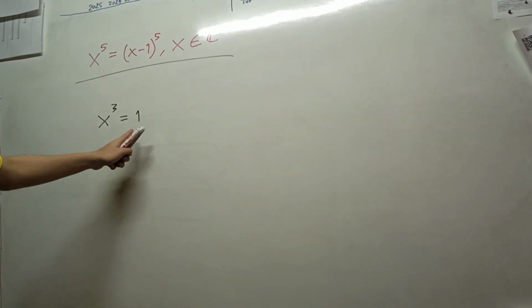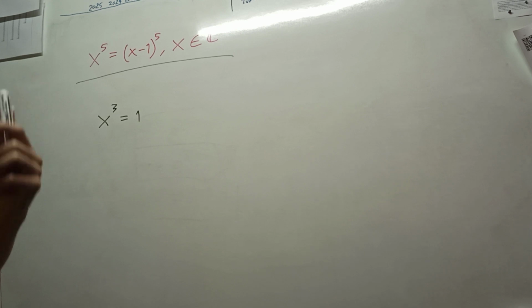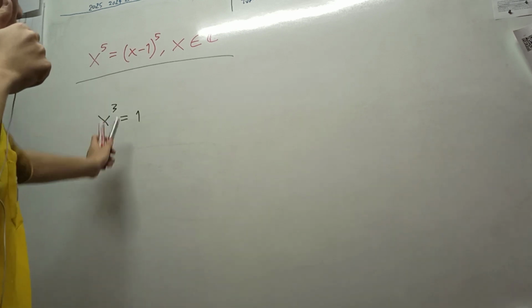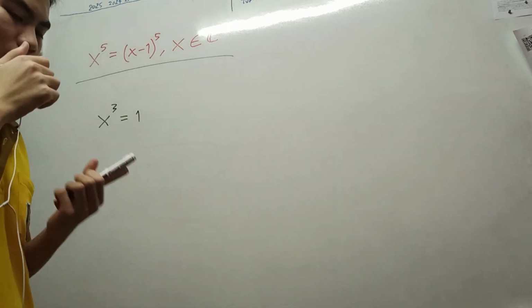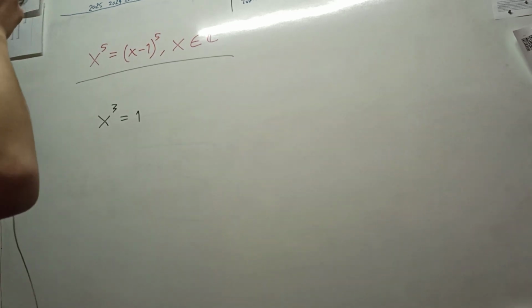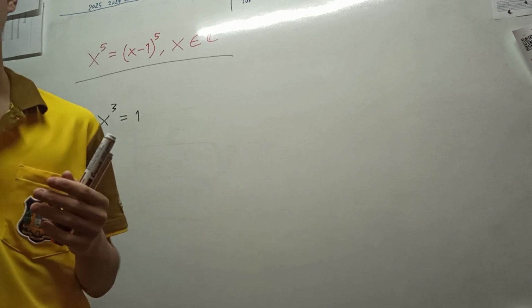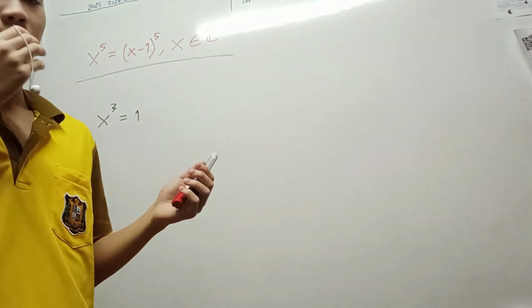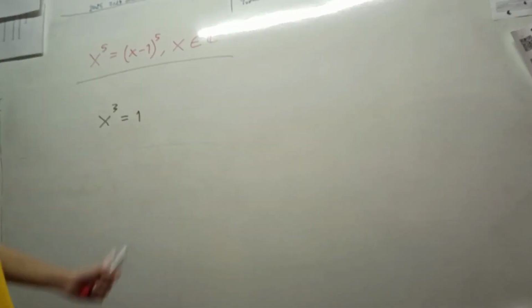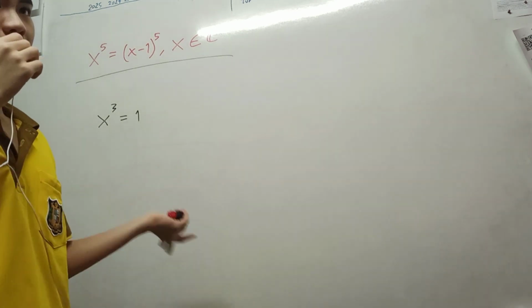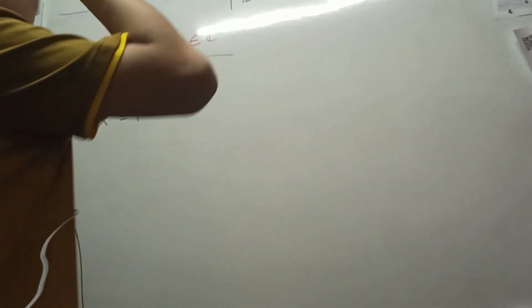So first of all, we want to visualize what the third root means. Well, the third root just means a number multiplied by itself 3 times to get 1, right? If you think about it in a unit circle, we can draw a unit circle first.